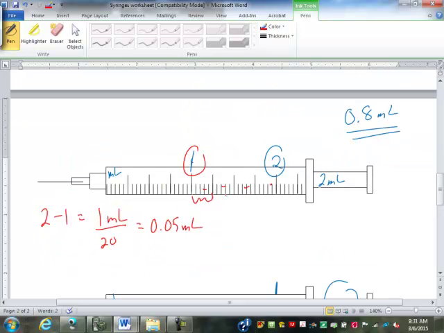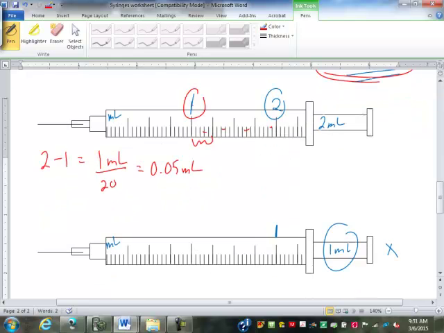Now, if we wanted to measure out 0.8 in there, which would not be a great idea in this one, we would have to count backwards from the 1. Because remember, we said that the bottom end down here isn't necessarily an exact starting point. The 0 line usually isn't shown. So from 1, this would be 0.95, 0.9, 0.85, and 0.8 would be right there.